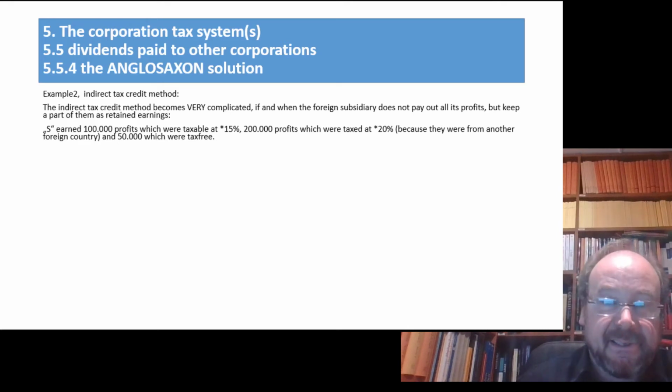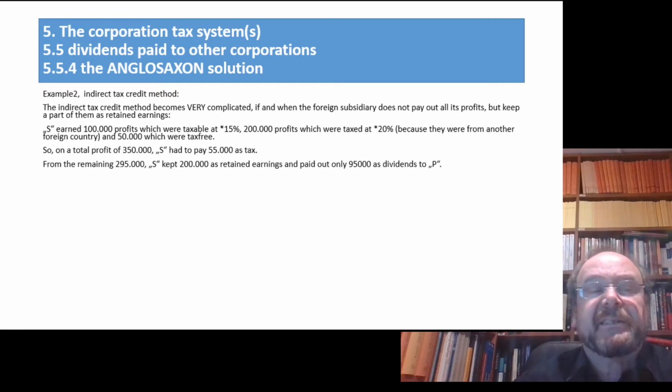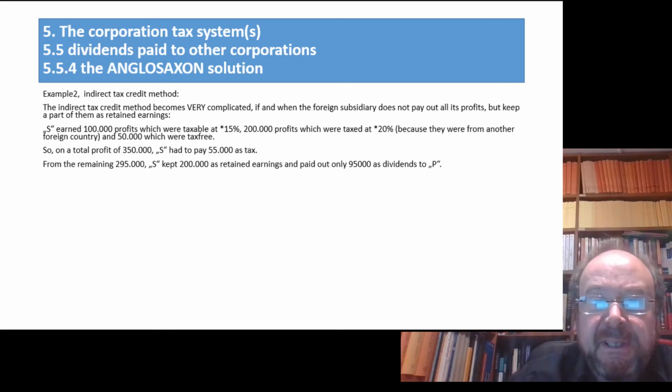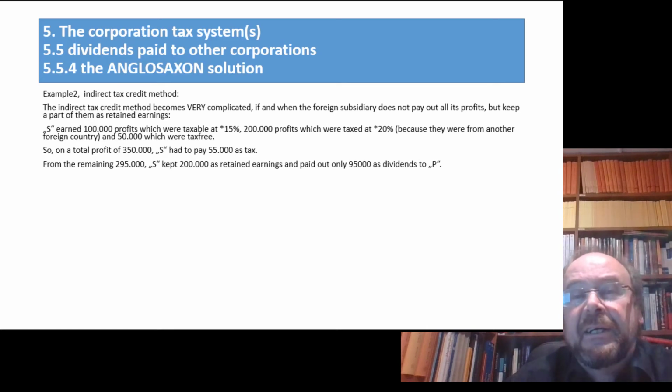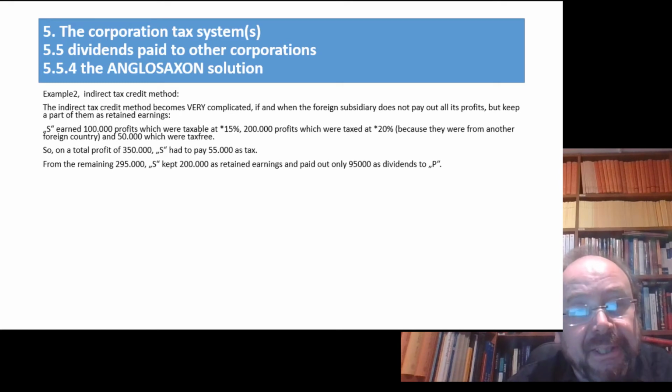And now S has a total gross profit of 350 and has to pay, I believe, 15,000 on the 100,000, 40,000 on the 200,000, 55,000 as a total tax burden. So they have a net income of 295,000, and S now decides to keep 200,000 as retained earnings and pay out 95,000 as a dividend to P.